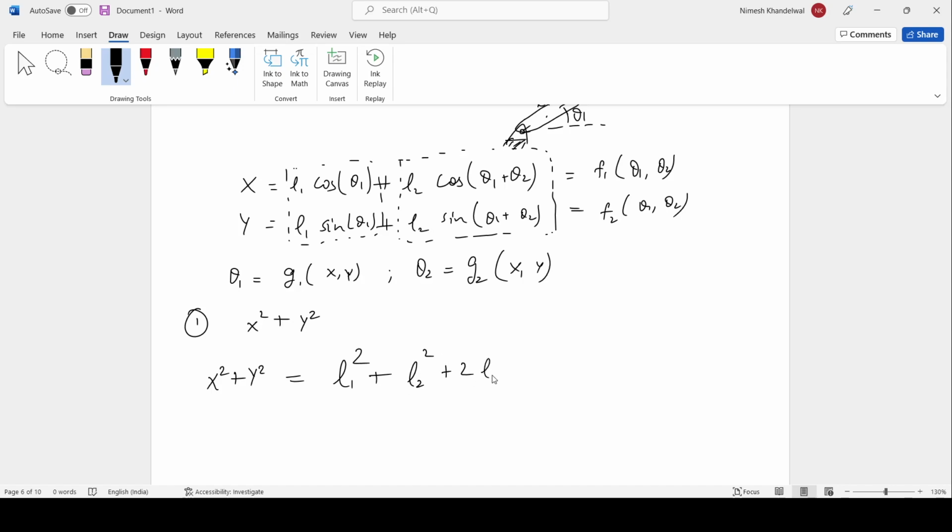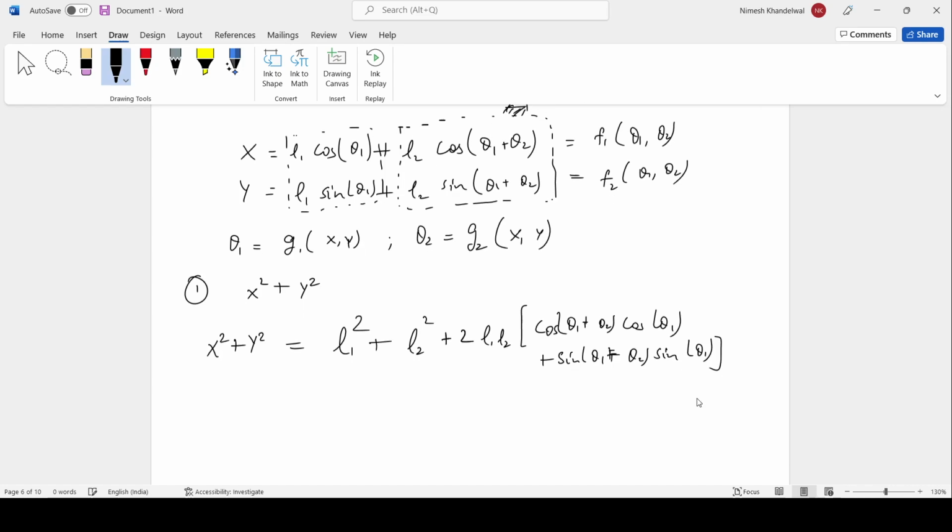And then the last term will be cos of theta 1 plus theta 2 cos theta 1 plus sin of theta 1 plus theta 2 sin theta 1.